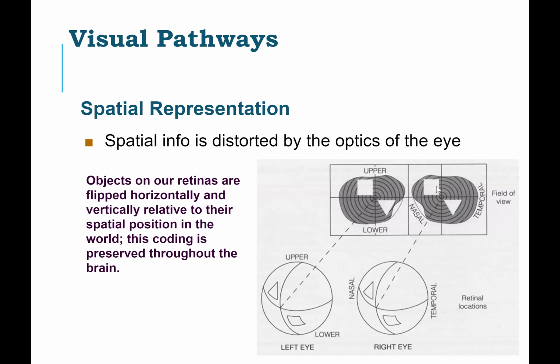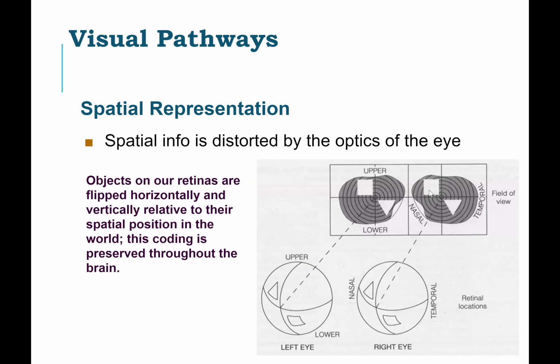So this square, which is in the upper left quadrant because this is the fixation point, gets projected into the right eye in this area. It's flipped horizontally and vertically because there's a lens, and this area goes through the lens and comes here. So this square activates neighboring photoreceptors because the light is coming from nearby locations.